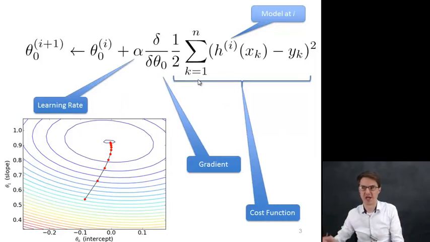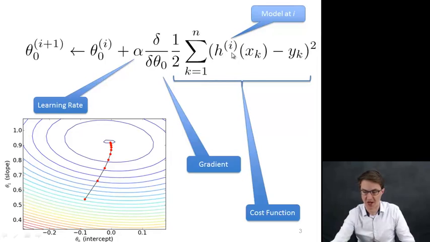So blowing up J, this is our model at iteration I. Remember, we're trying to compute the new value of the parameter at I plus 1. Apply that model to the data instance x, subtract the true value, the correct value y, and that's our error. Square that, and then add it all up for all possible values in the data set, which is what k is.